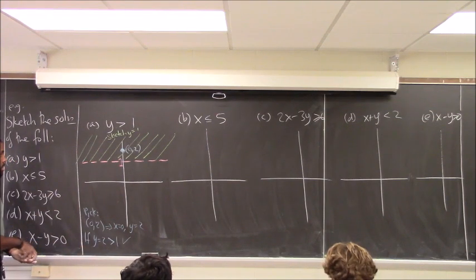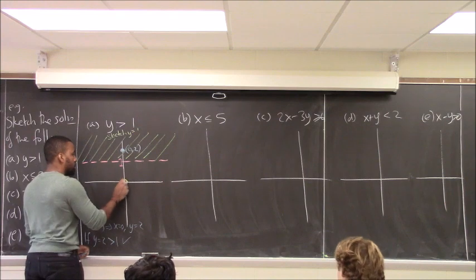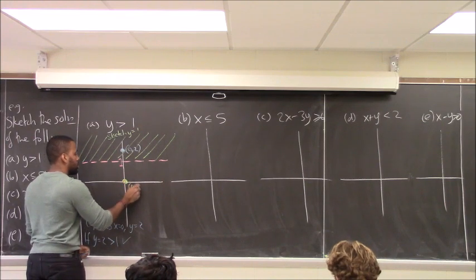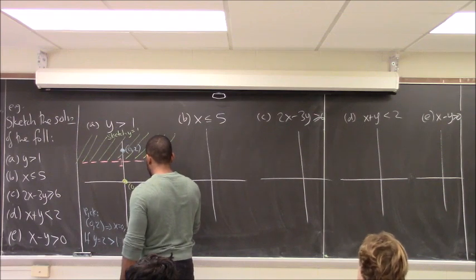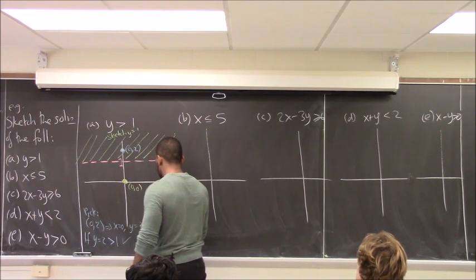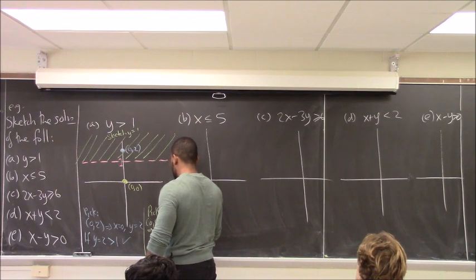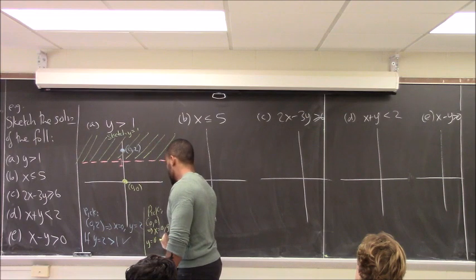If, on the other hand, I had picked another point, like the origin, (0, 0), which I know is down here, this would mean my x is 0 and my y is 0. And if y equals 0, I ask myself, is that greater than 1?